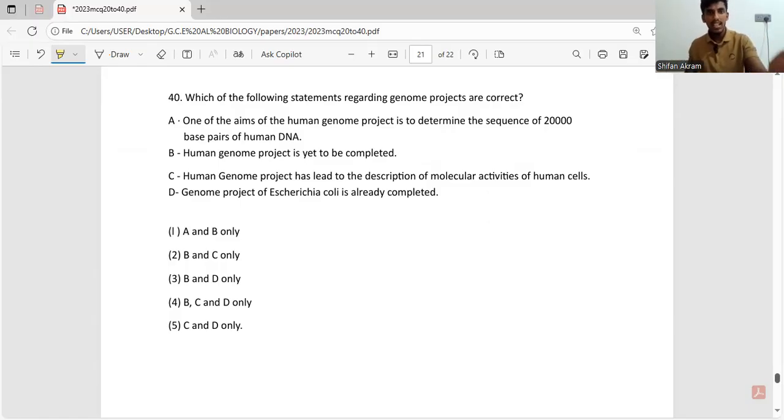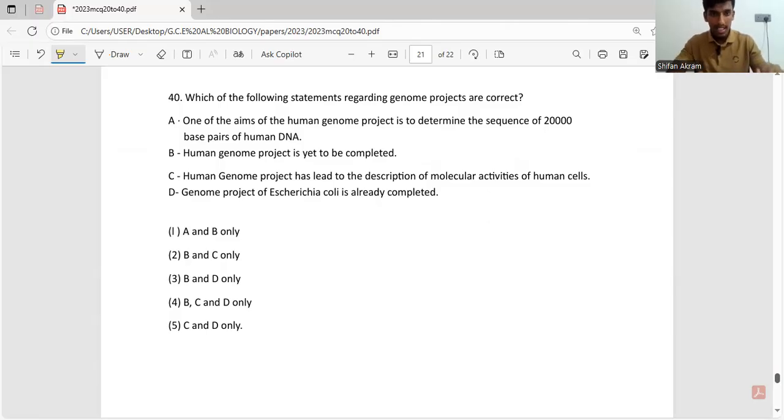And C answer, they are saying the Human Genome Project has led to description of molecular activities of human cells. Now, the Human Genome Project was done to identify the genes, right? When they identify the genes, there are genes that code for proteins. So when we identify the genes that code for proteins, we can understand the functional and structural activities of that protein.